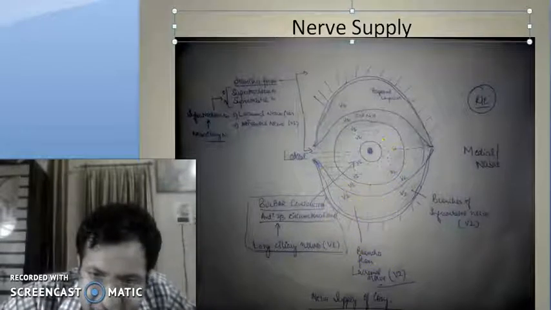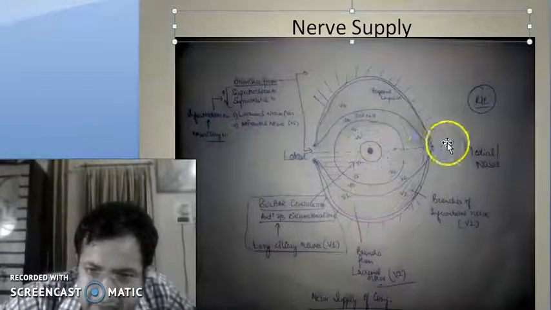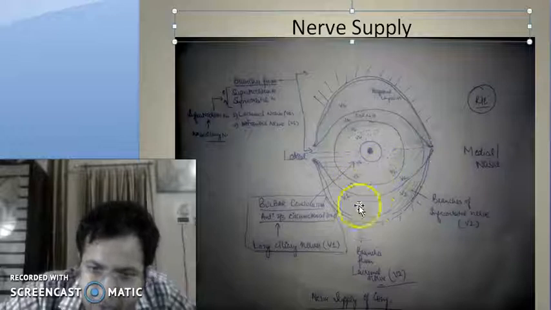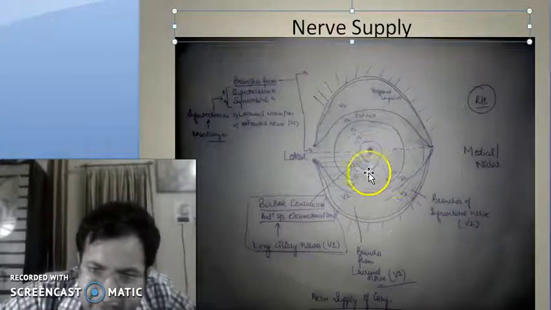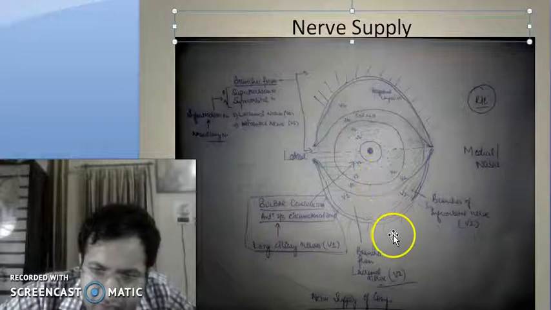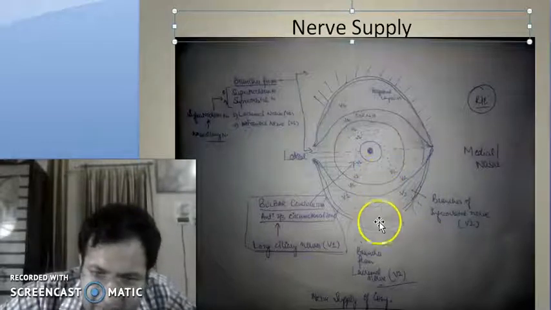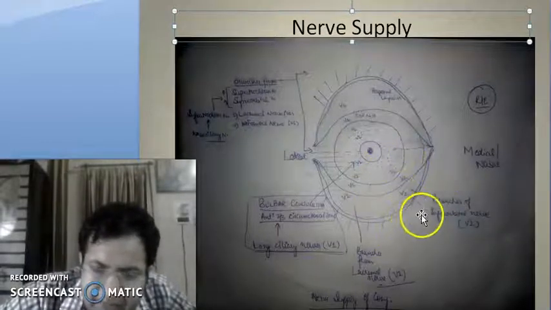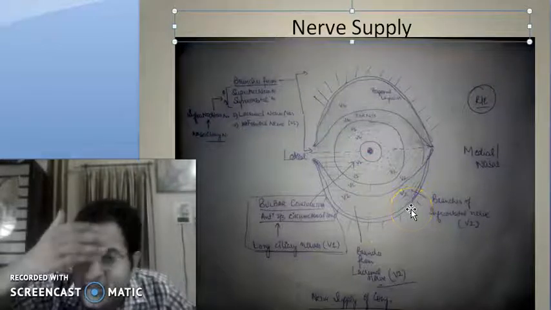But the inferior medial quadrant of the conjunctiva along with the lids is supplied by the second division of the trigeminal nerve.